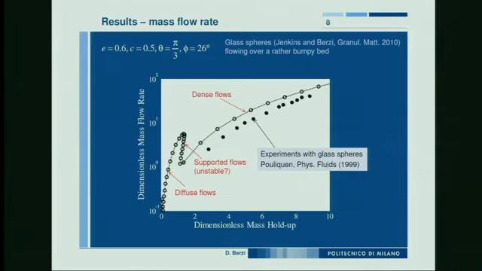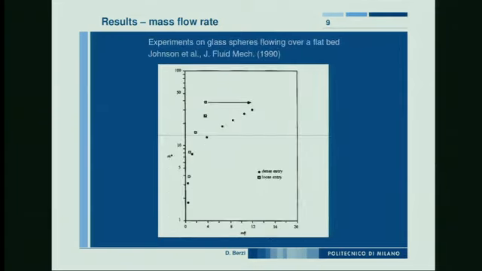So one thing that I want to show you: this kind of behavior, having two branches, so that for the same mass flow rate you can have, in this case, up to 3 solutions, has been seen before. In 1990, there's this nice paper by Johnson and co-workers. There are some differences because they were performing experiments with glass spheres on a flat bed, not bumpy.